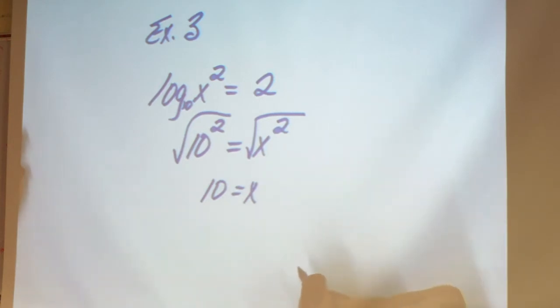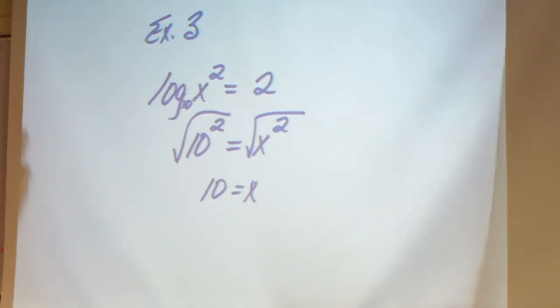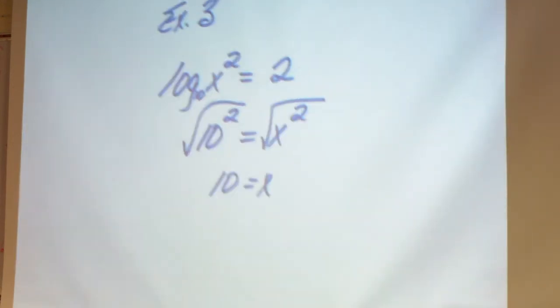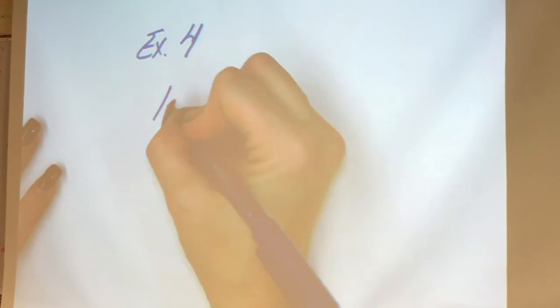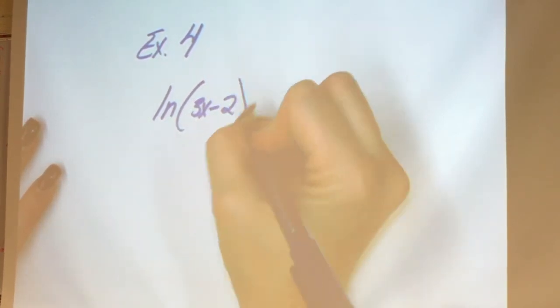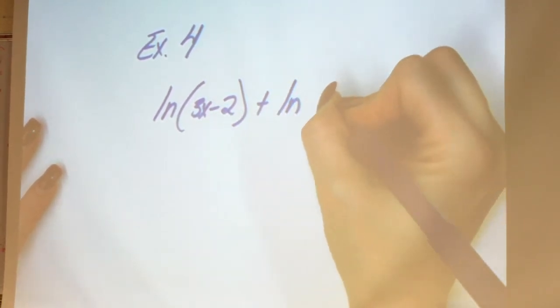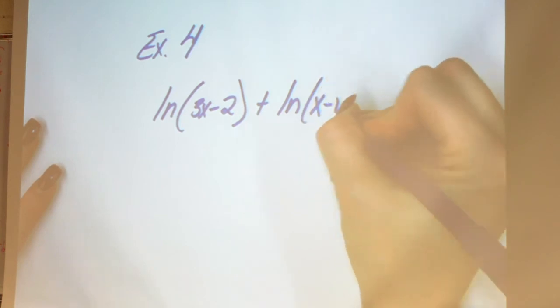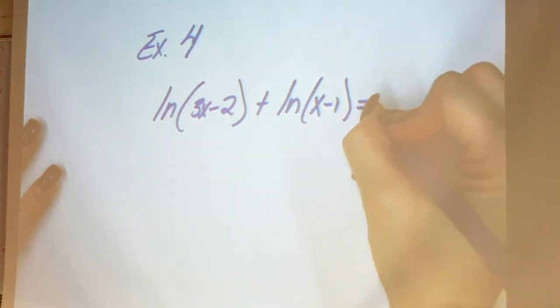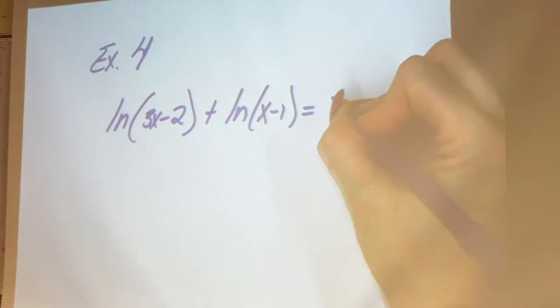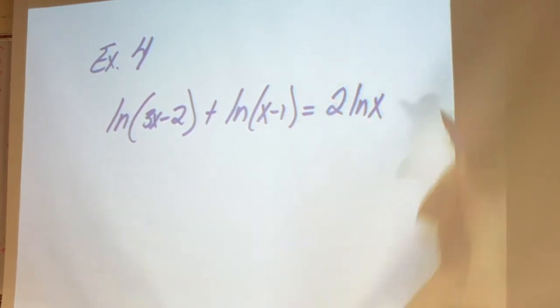Now let's solve one with natural logs. Let's go over example 4 real quick. We have the natural log of 3x subtract 2 plus the natural log of x subtract 1, and this equals 2 times the natural log of x.